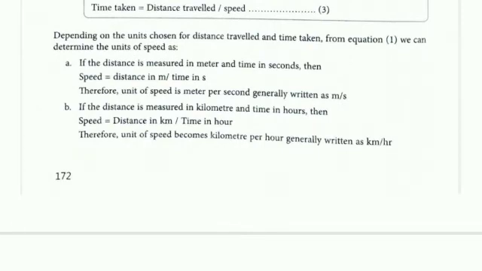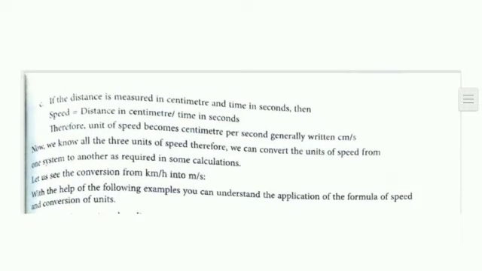Second point, if the distance is measured in kilometer and time in hour, then speed will be distance in kilometer divided by time in hour. And third point, if the distance is measured in centimeter and time in seconds, then speed will be distance in centimeter divided by time in seconds.